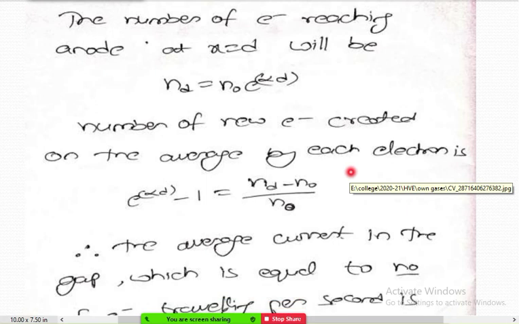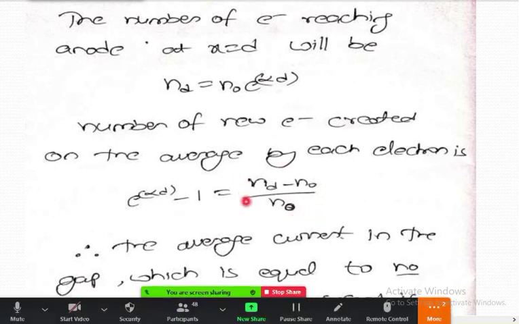Each electron creates new electrons, and the answer is nd minus n naught by n naught. That gives the average number of new electrons created by each electron. Each electron will undergo a lot of collisions.